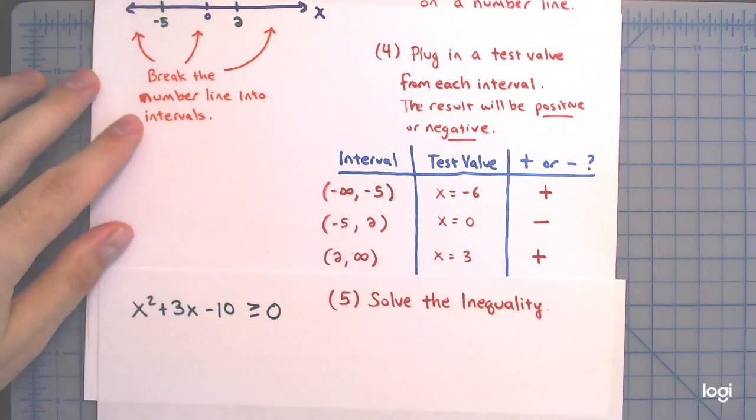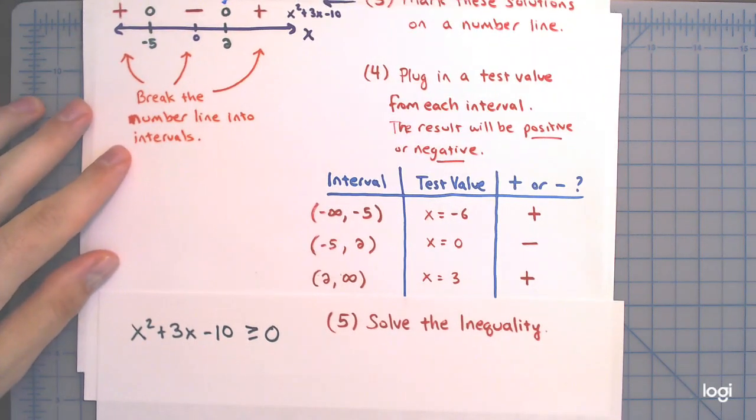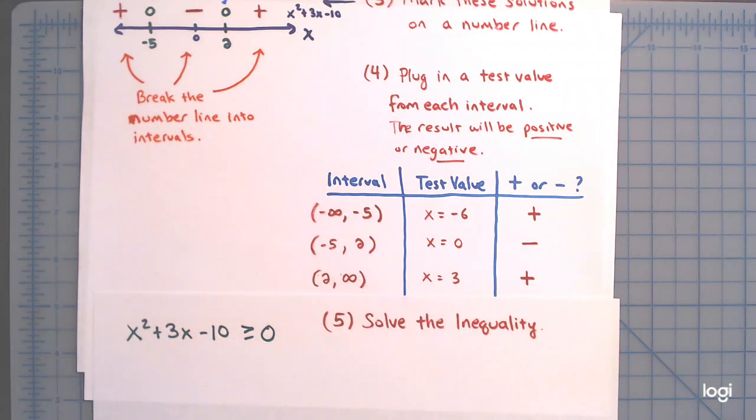I'm going to keep my number line and my table up here. And when I see greater than or equal to 0, this is basically telling me to look for zeros.